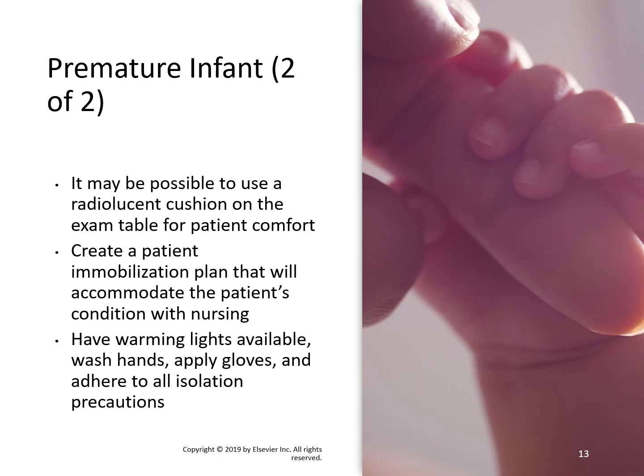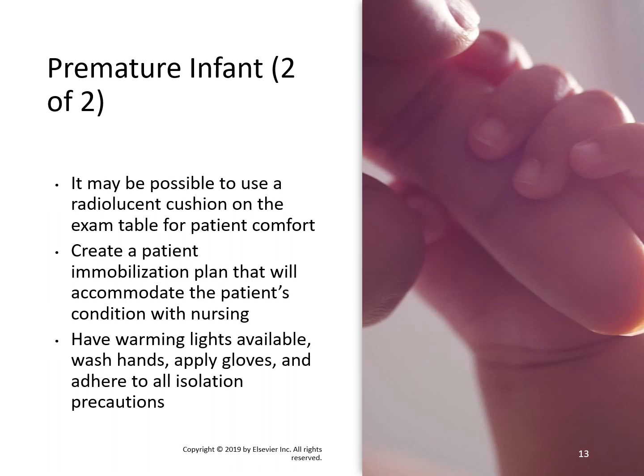The warming lights will have to be swung out of the way so you can take an overhead x-ray. Make sure you're replacing those as fast as you can, okay? Most of your preemies are also immunocompromised, so treat it like droplet precautions. So mask up: surgical mask, gloves, and gown, right?